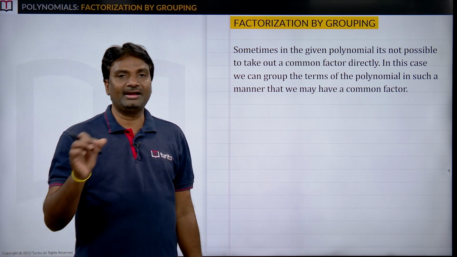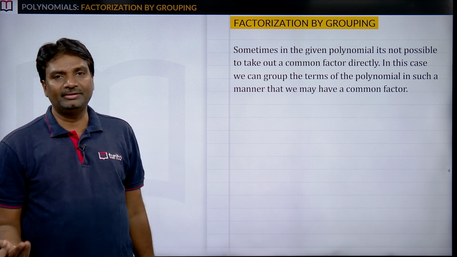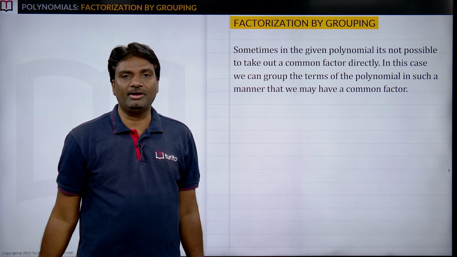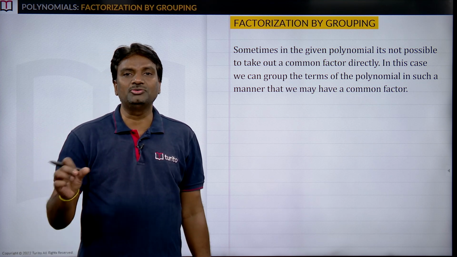If all the terms of the given polynomial do not have a common factor, then by grouping the terms, meaning by writing two terms at one place or three terms at one place, we can group the terms of the given polynomial. You may consider two groups or three groups according to the given problem.